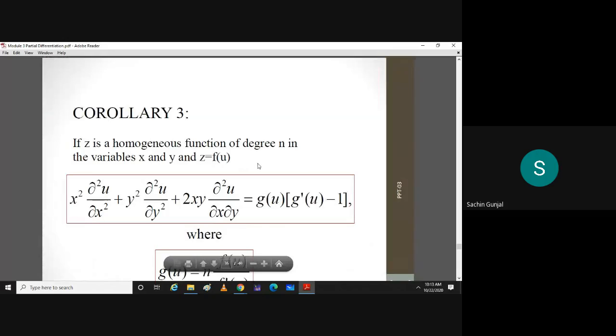Now, corollary 3, again the case is the same.